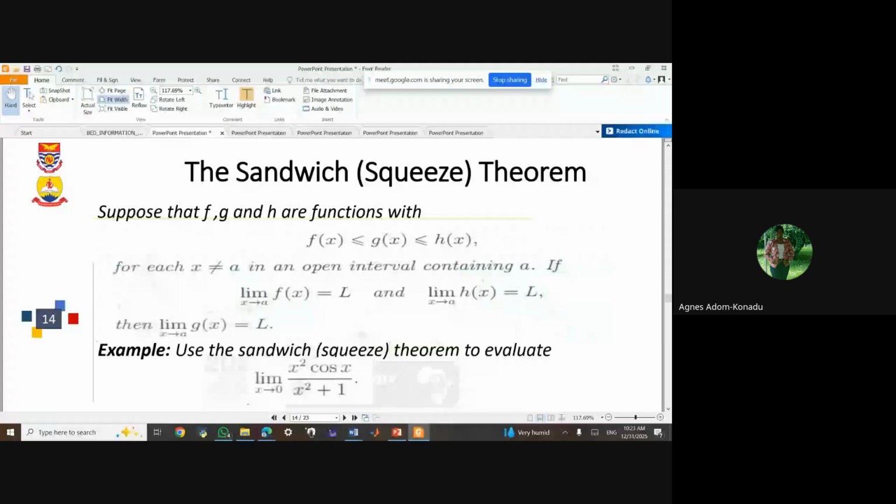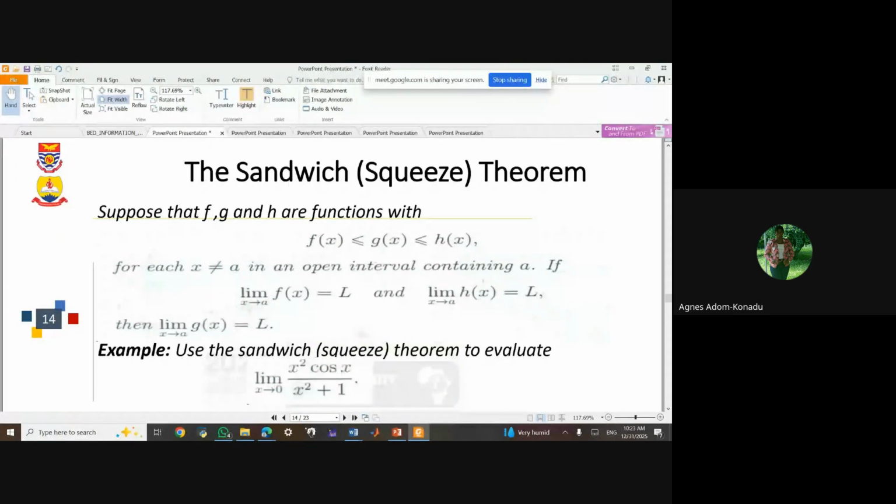So the next thing we want to look at, we call it the squeeze theorem. Squeeze or sandwich. So you know sandwich. When you go to KFC, you see some sandwich over there. You have the bread, they cut it into two, then they put something inside. They sandwich it. And when you come to the university, we have what we call the sandwich program.